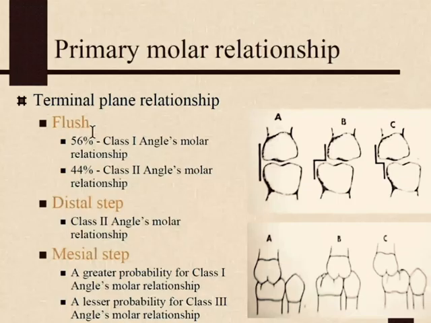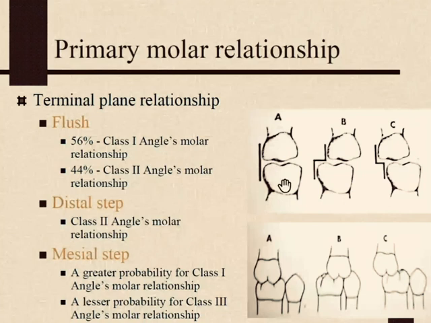Here the distal surfaces of the maxillary and mandibular molars are in the same vertical plane, with no significant difference between them. This is type number 1.